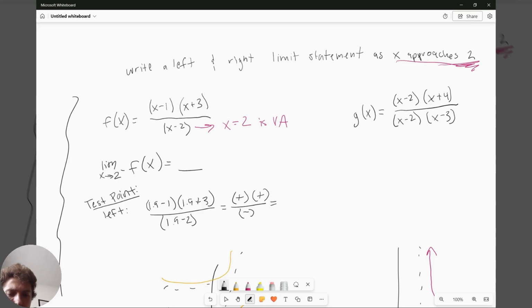In this entire fraction, then, there's only one negative. There's an odd amount of negatives. That means the entire thing would be negative. So the left side of 2 for our function goes to negative infinity.